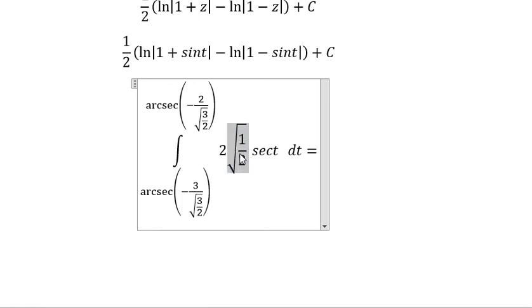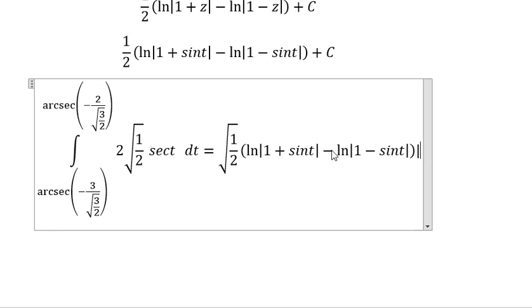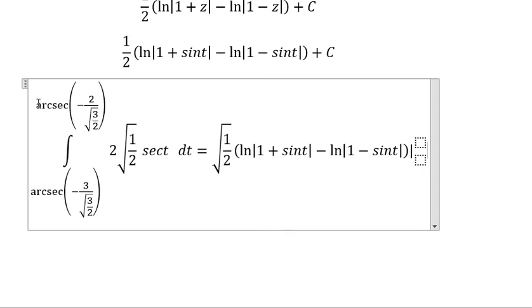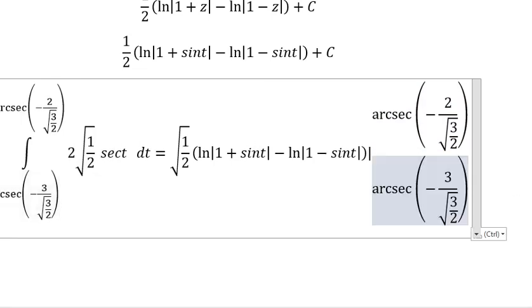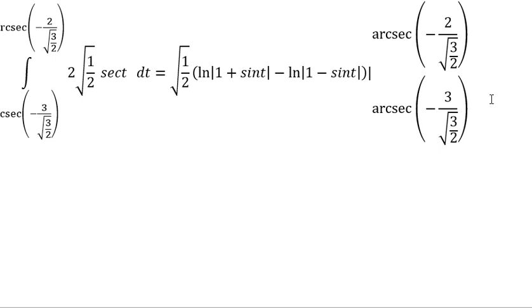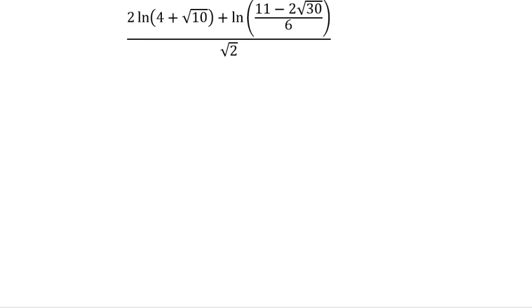So we have the square root of 1 over 2, and because we have number 2 and 1 over 2, they will cancel. So this one you will get this number in here. So we compile the answer.